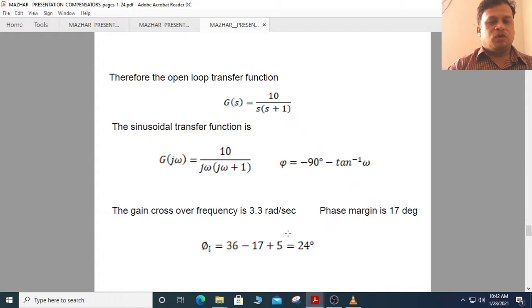By substituting s equal to j omega, phi is equal to minus 90 minus tan inverse of omega. The gain crossover frequency is given as 3.3 radians per second, and the phase margin is 17 degrees, what we get from these. And so phi L is equal to 36 minus 17 plus phi, that is equal to 24 degrees.